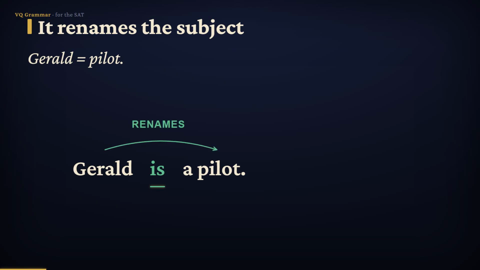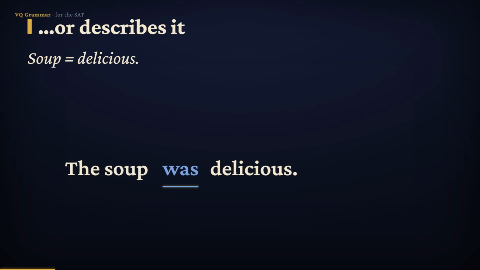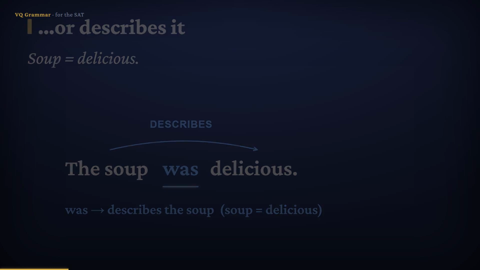The word is links Gerald to pilot, telling us Gerald equals a pilot. Or take this one. The soup was delicious. Here was links the soup to delicious, describing what the soup is like. There's no action at all, just a quiet bridge from the subject to a word about it.